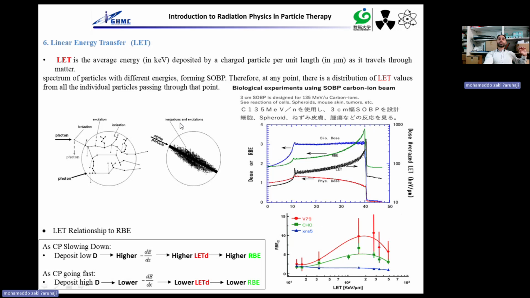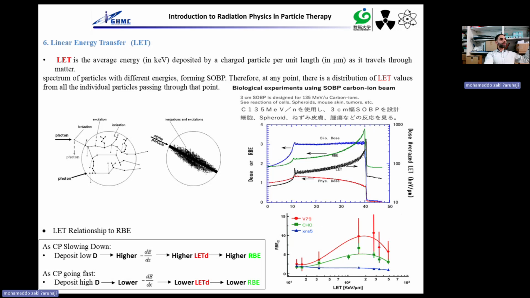Now, for particle therapies, we have the heavy ions and we have proton. Proton has high LET, not as high as heavy ions, but considered high LET. RBE of protons is also constant. RBE for heavy ions depends on LET distribution and LET's behavior.